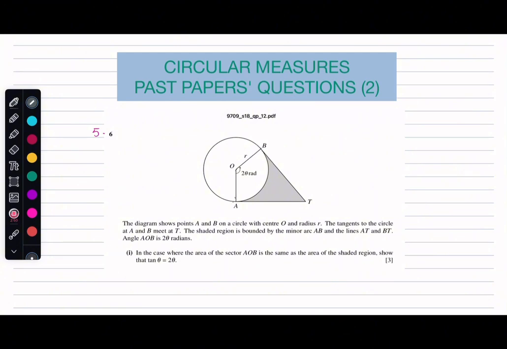OB is also perpendicular to the tangent BT. So that means OA, which is the radius, is perpendicular to AT, and OB, which is again the radius, is also perpendicular to BT. So this is one very important concept that we should know, that here I should be having the two perpendiculars.